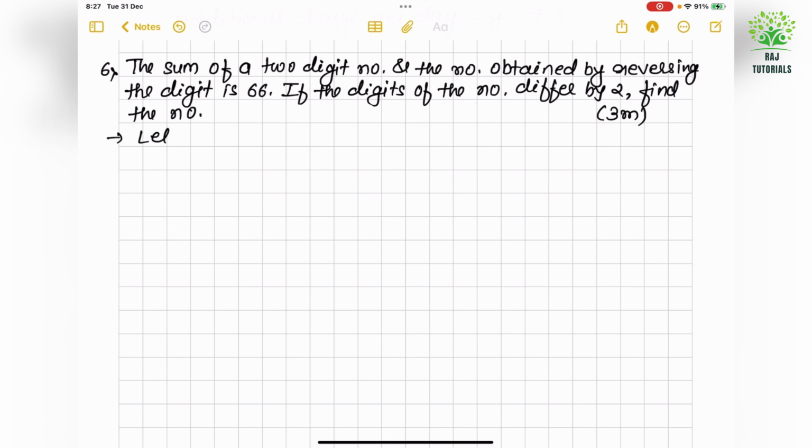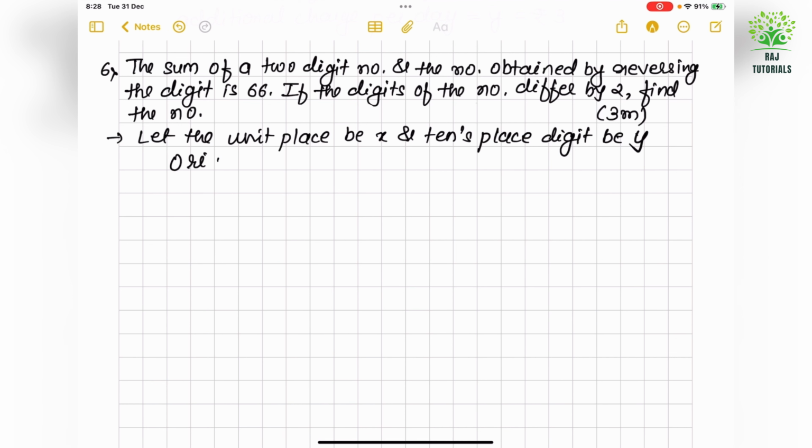So let the unit place digit be x and the tens place digit be y. So the original number is x plus 10y and the reverse number is 10x plus y.